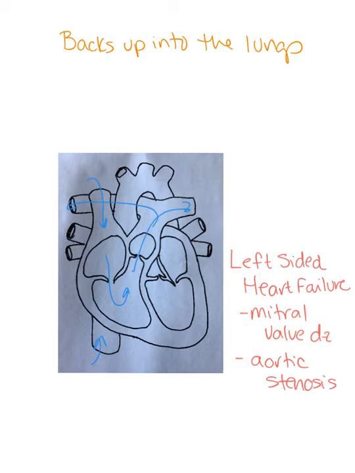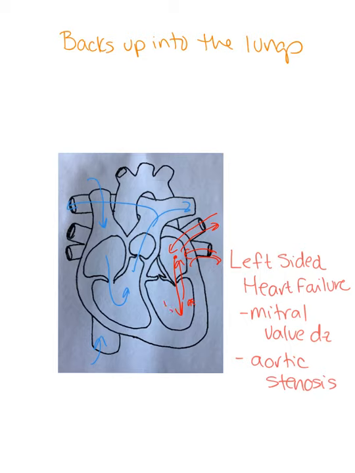So what this can look like as we look in our diagram, we would normally have our blood coming from this left atrium into the left ventricle. That would be happening normally. But if this is failing in here, this blood is going to start going back the incorrect direction. So now we're going to have blood coming in from the lungs, but we're also going to have blood going the wrong way and backing up into the lungs as well.